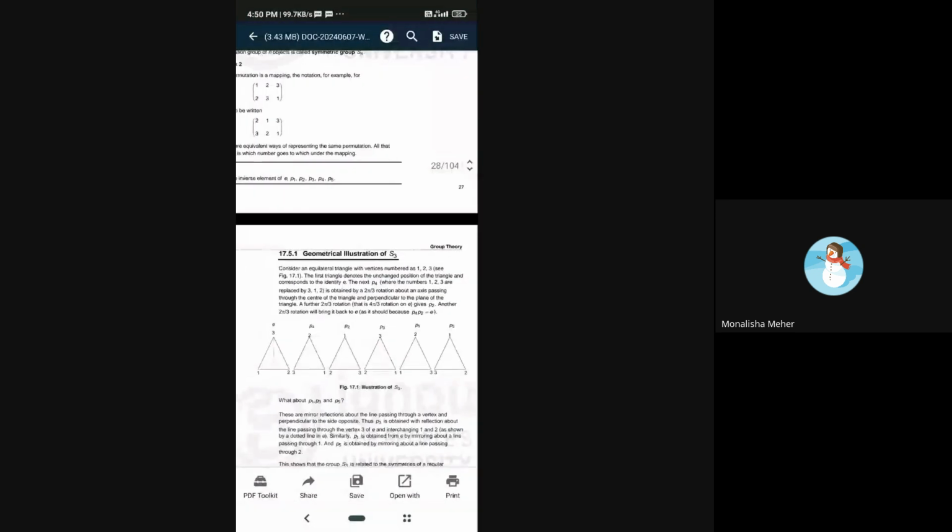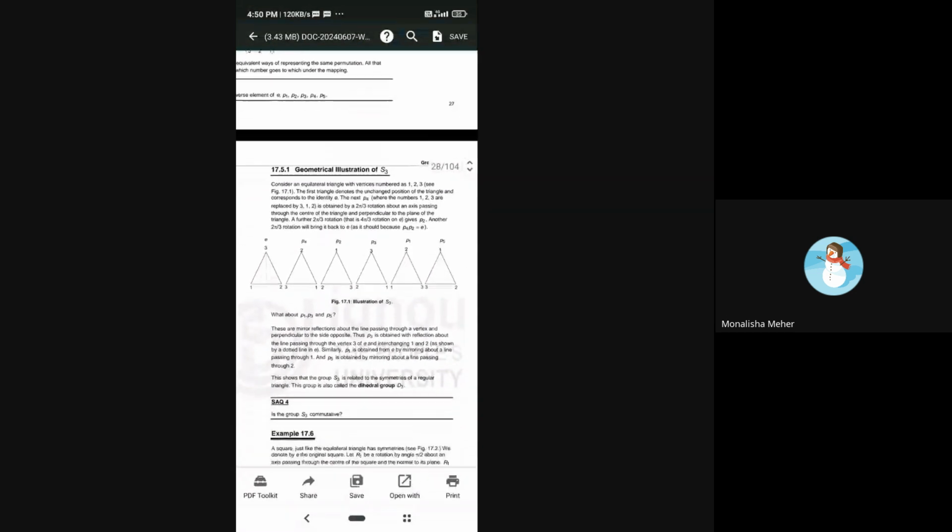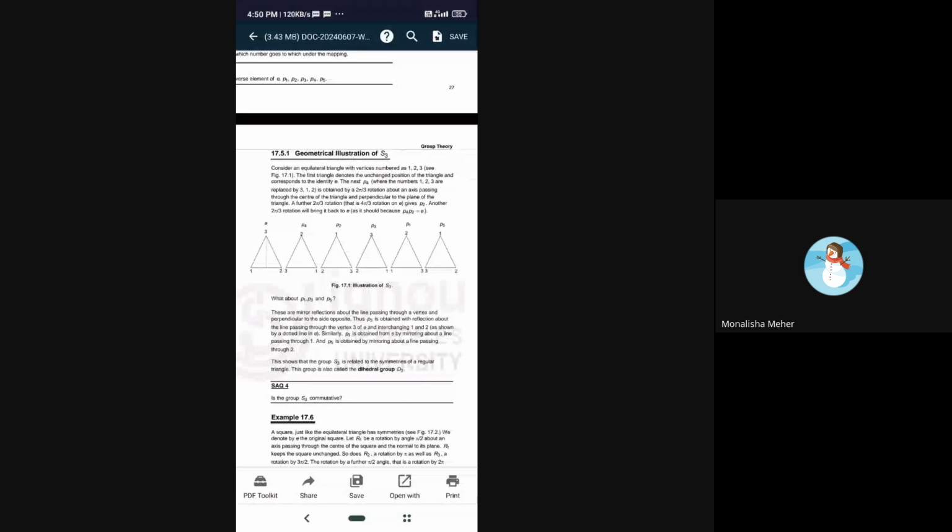Then geometrical illustration of S3. Consider an equilateral triangle with vertices numbered 1, 2, 3. The first triangle denotes the unchanged position of the triangle and corresponds to the identity e.